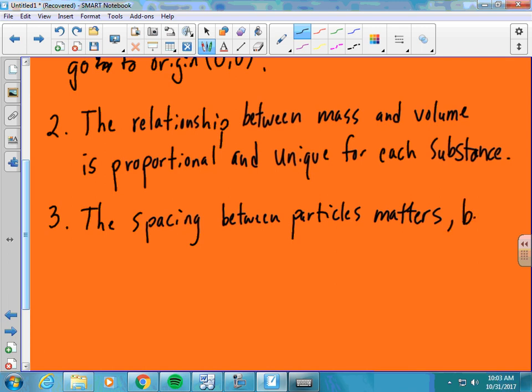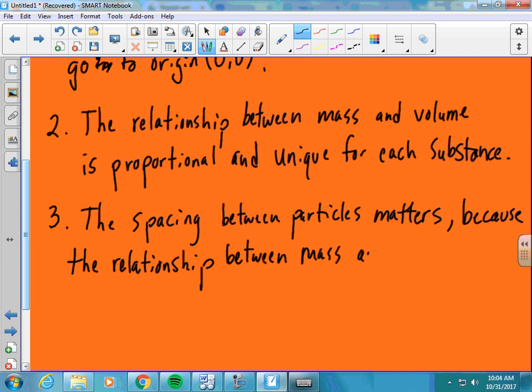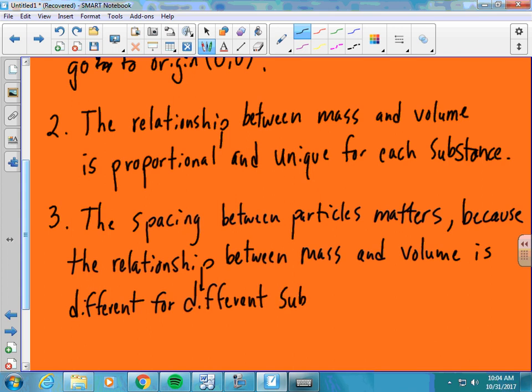And it matters because the relationship between mass and volume is different for different substances. It's different for different substances.